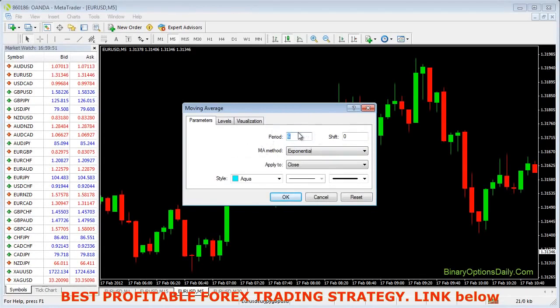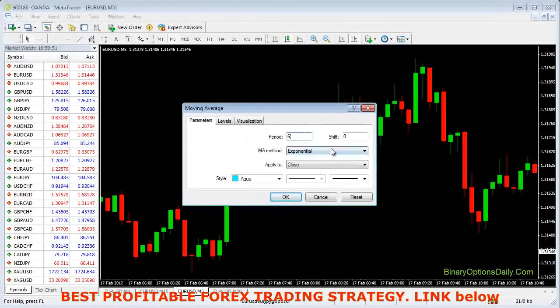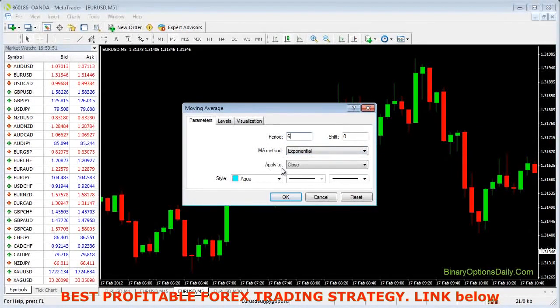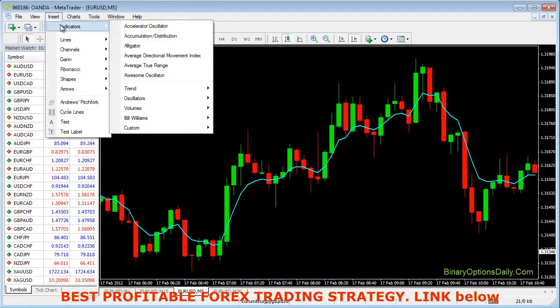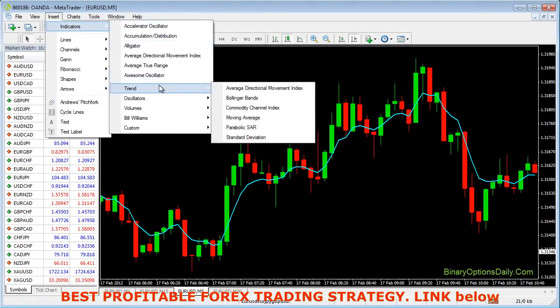We're going to go ahead and add the first one. Our first one is going to be a 6-period exponential moving average applied to the close, and I'm going to keep this color aqua, and make this line a little bit smaller than it was, and click OK.